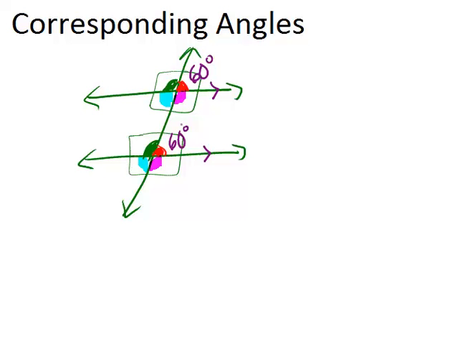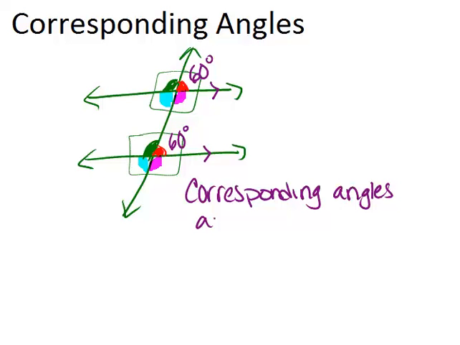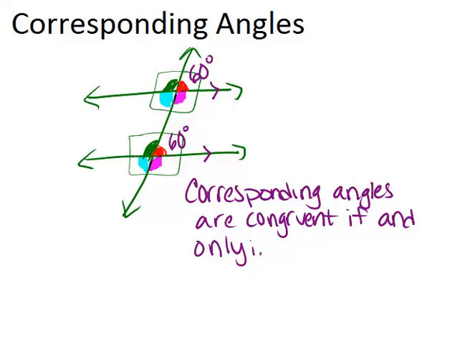So this is a biconditional situation where a statement and its converse is true. So the way you can write this out is: corresponding angles are congruent if and only if lines are parallel.